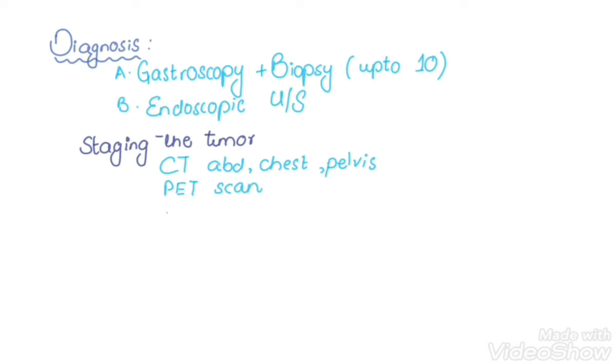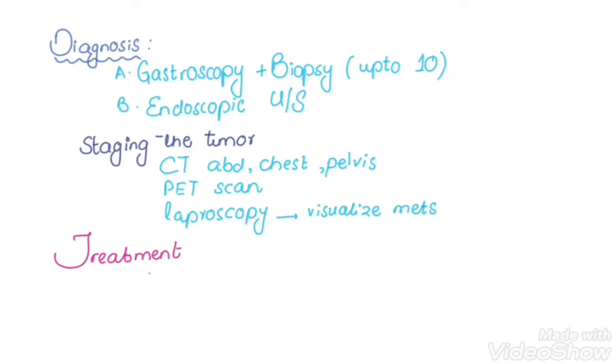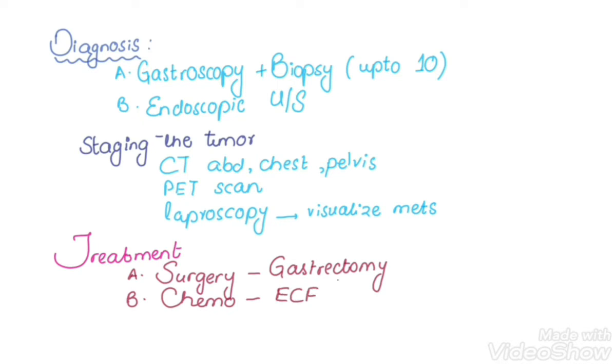In order to stage the tumor, CT and PET scan are done, and laparoscopy in order to visualize the metastatic implants within the abdomen. Treatment involves 3 steps: surgery, which includes gastrectomy, chemotherapy that uses a combination of 3 drugs, epirubicin, cisplatin, and fluorouracil, and palliative procedures in order to help improve the life of the patient when the disease is incurable.